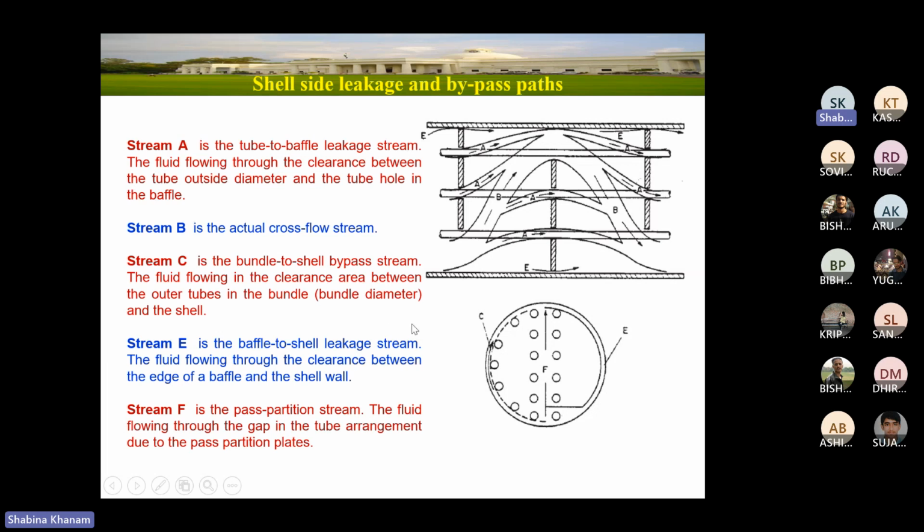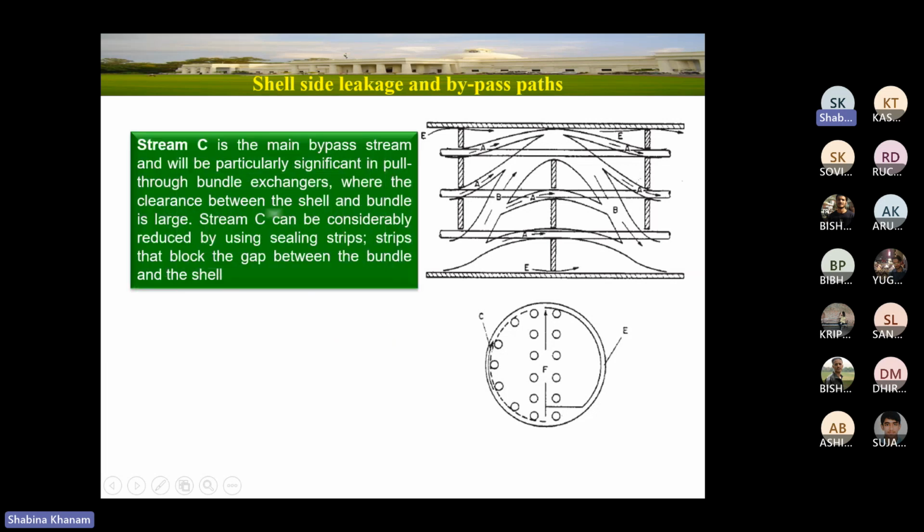Stream B is the cross flow stream and stream C is the bypass stream. As I have told you, it depends on the clearance between bundle and shell. As this clearance increases, we have chances to accumulate more and more liquid there, which will not participate in heat transfer.